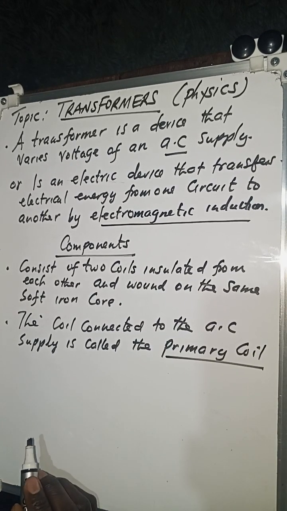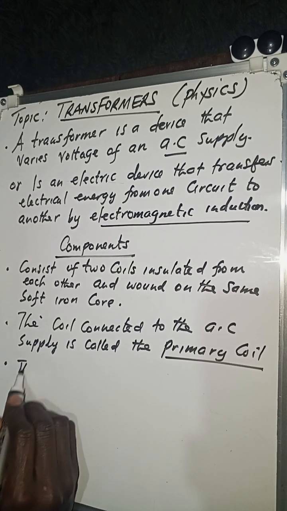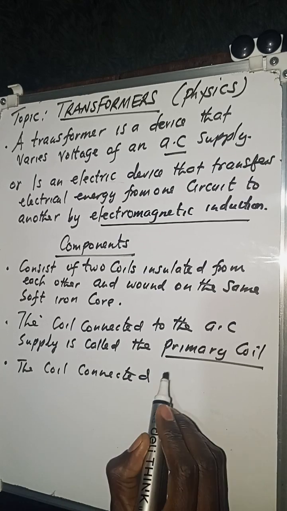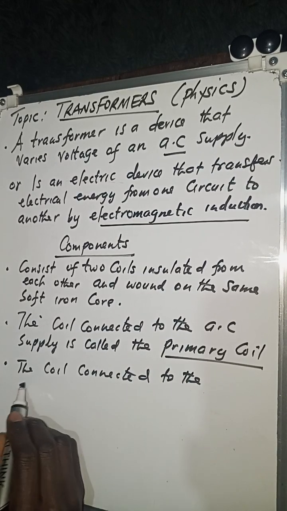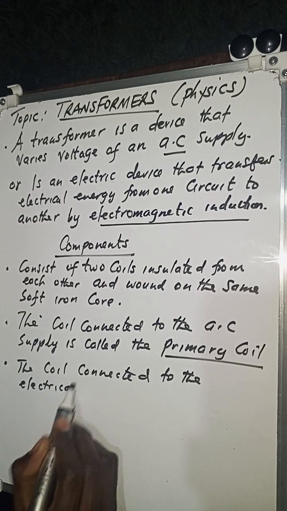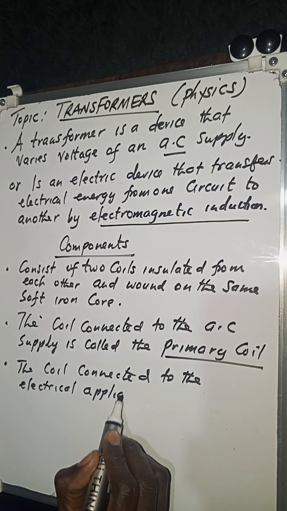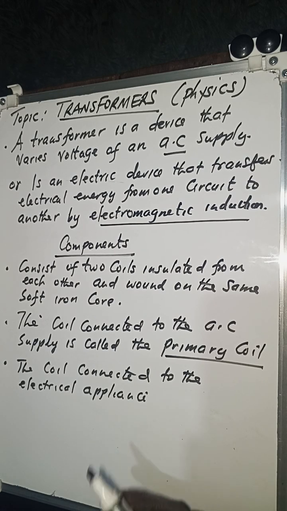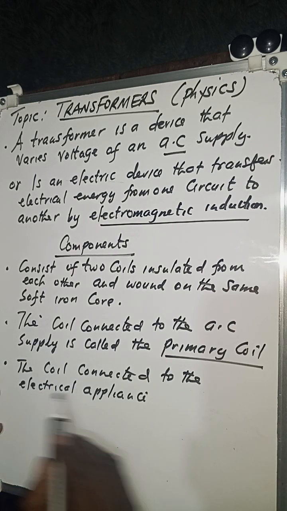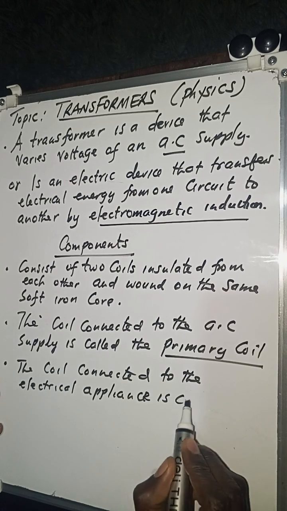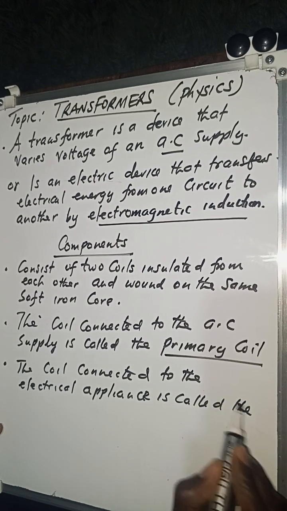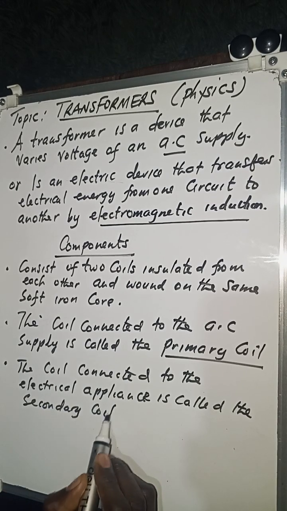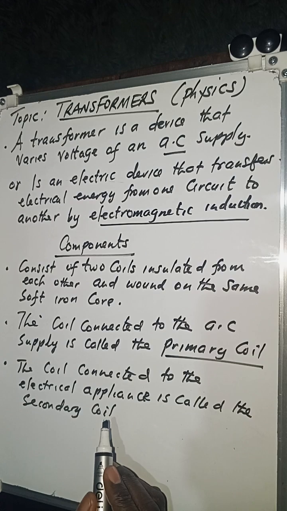And we can simply say that the coil connected to the electrical appliance, in this case, it could be a lamp, a bulb, whatever electrical appliance, is called the secondary. So that is called the secondary coil. That is what you need to remember.